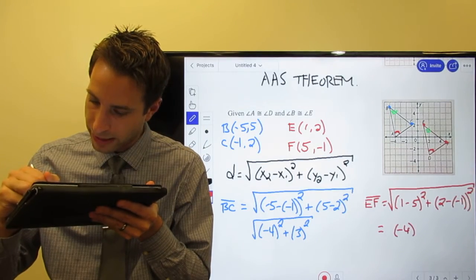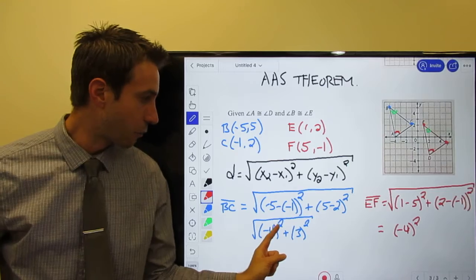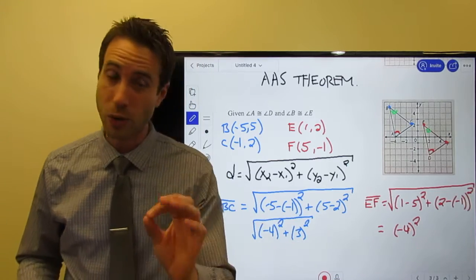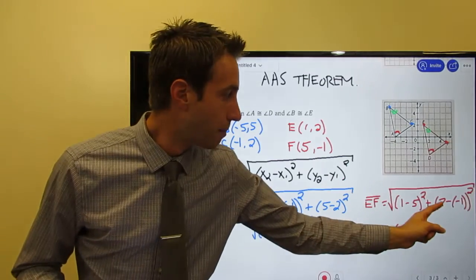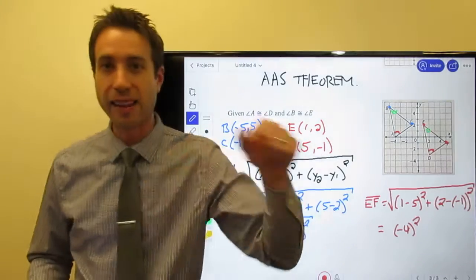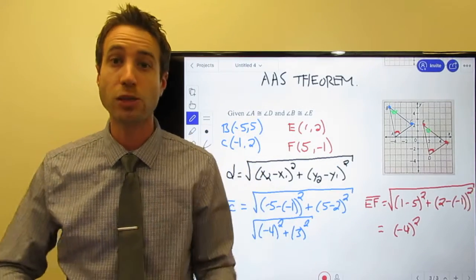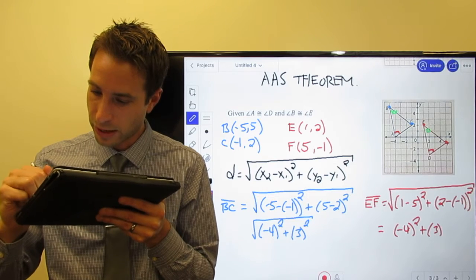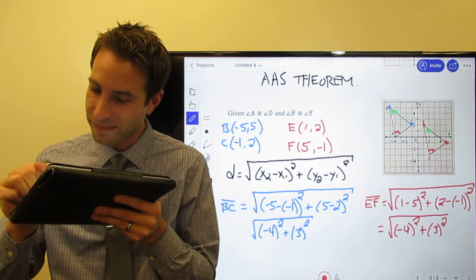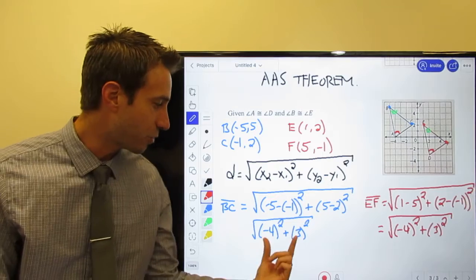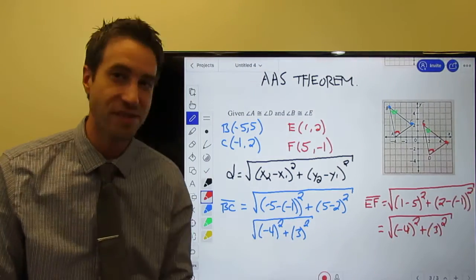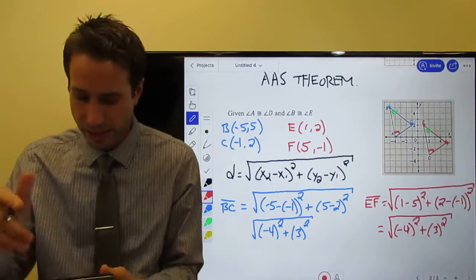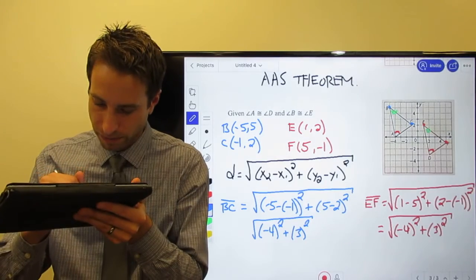I'm liking the way that this is turning out. Look, negative 4 squared, negative 4 squared. We're off to a great start. 2 minus a minus 1, add a line, change the sign, so it's 2 plus 1, sure enough, 3 squared. At this point, you really wouldn't have to go any further. It's the exact same thing, but we'll keep going because we got this far.